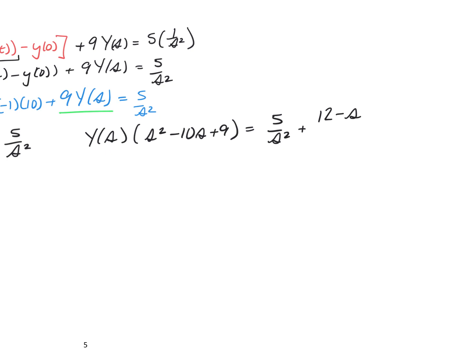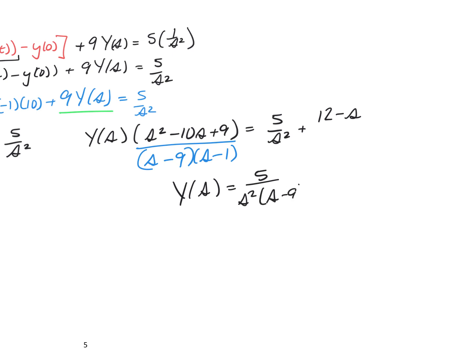Now I'm going to divide both sides by this, which is the same thing as s minus 9, s minus 1. So capital Y of s is going to be 5 over s squared, s minus 9, s minus 1, plus 12 minus s over s minus 9, s minus 1.